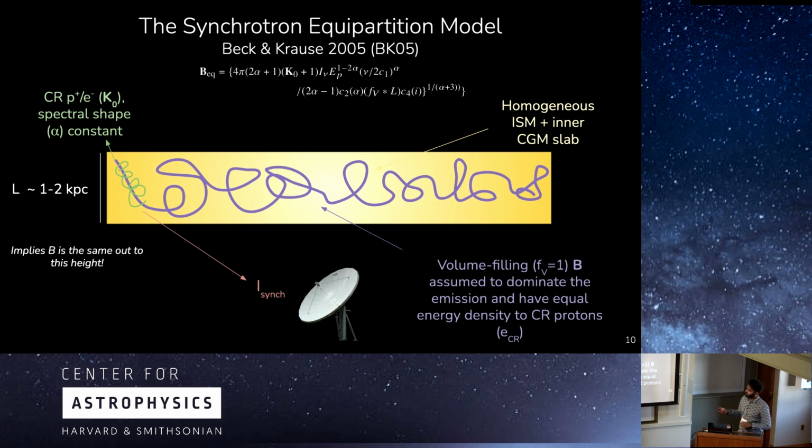In this model, it's assumed that this emitting region is some uniform gas of 1 to 2 kiloparsecs, which should immediately raise alarm bells given the name of this conference. But in this model, you have to assume there's some homogeneous volume filling magnetic field, assumed to dominate the emission and have equal energy density of cosmic ray protons and magnetic field strengths, which is motivated by local ISM observations.